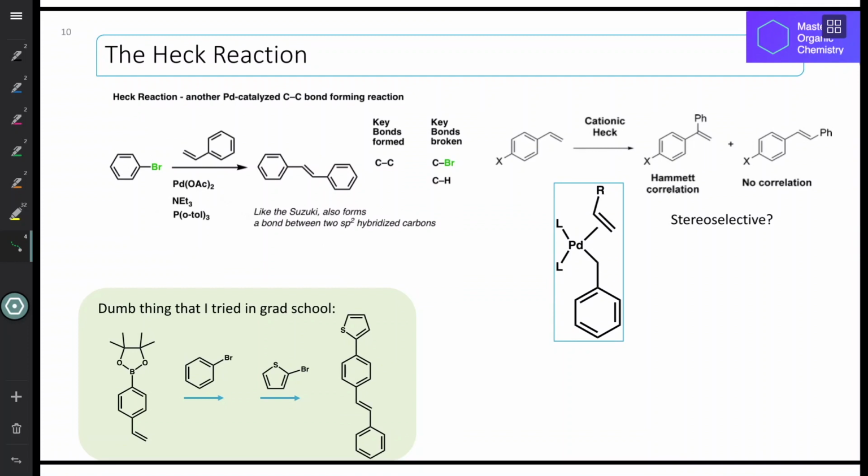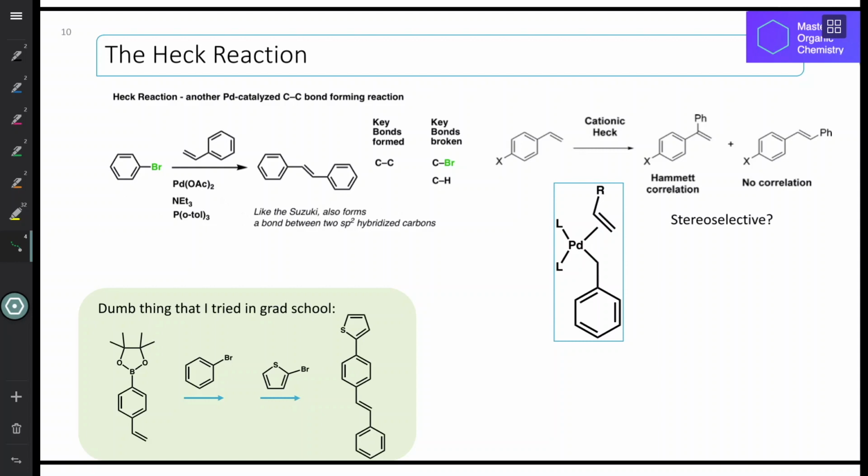Okay, the Heck reaction. The Heck reaction is very similar. You have your aryl halide, but now you are coupling it with a terminal alkene. It works best with the terminal alkene.